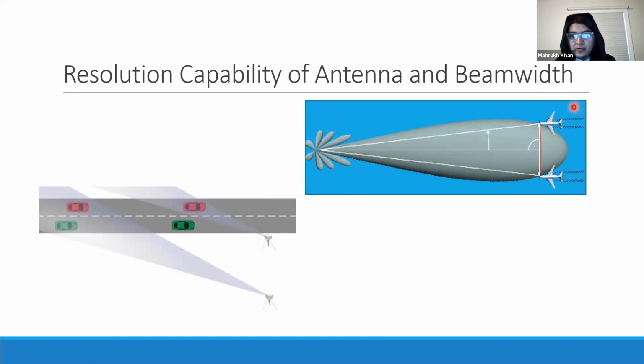So these two objects, the antenna is able to resolve if they are separated from each other by first null beam width by 2. Normally, loosely, first null beam width by 2 means the half power beam width. So if they are separated by half power beam width, we will be able to resolve them. Our antenna is able to resolve them.